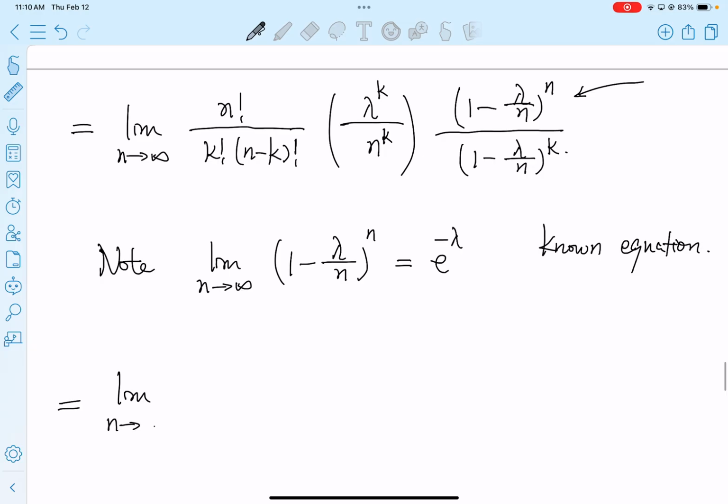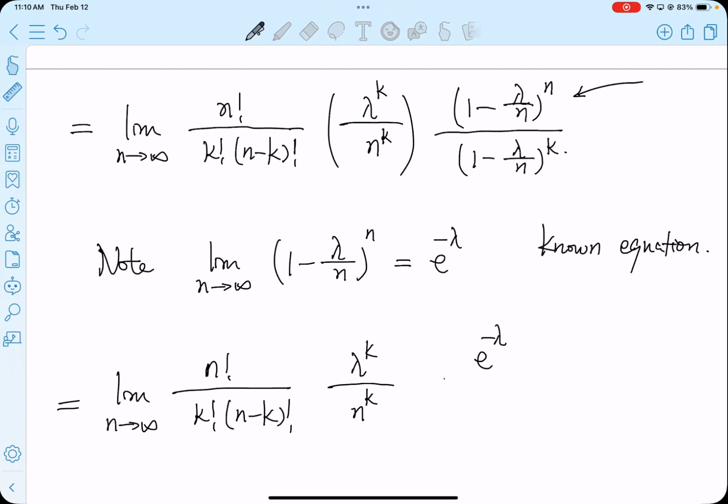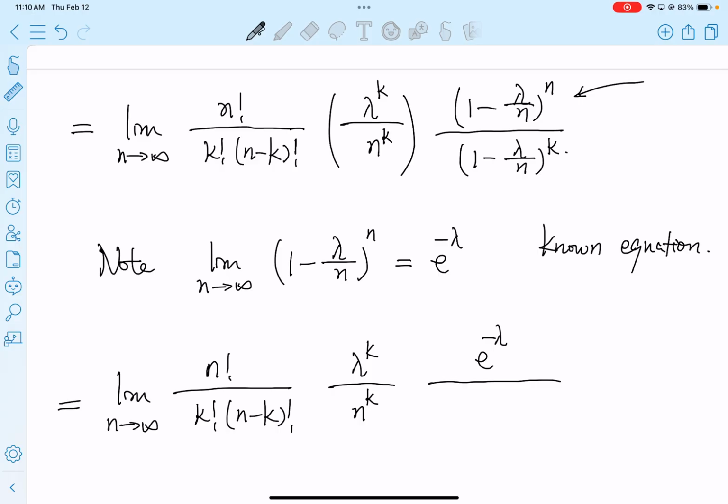We have the limit as n goes to infinity, and these parts stay the same: lambda raised to the power of k, n raised to the power of k, and then this part replaced by that known equation, and then 1 minus lambda over n raised to the power of k.